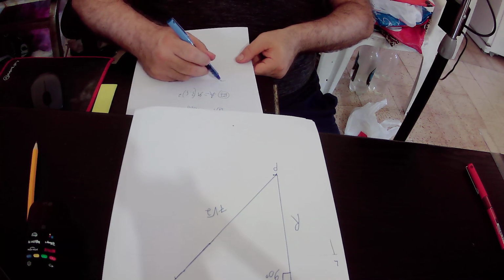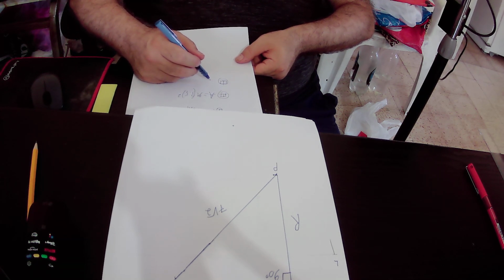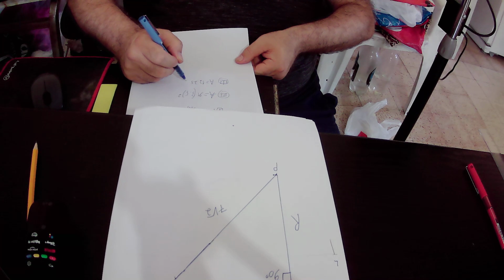So the area of the yellow circle will be equal to 12.25 times pi.